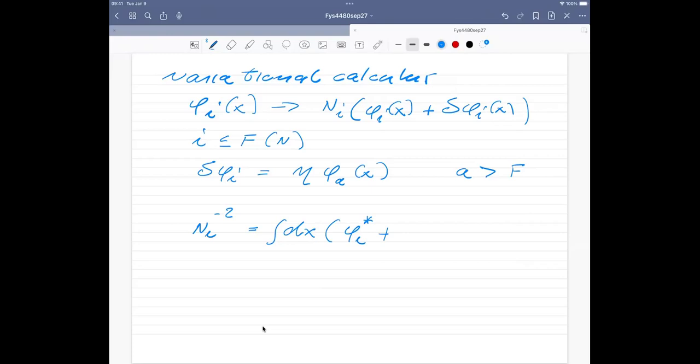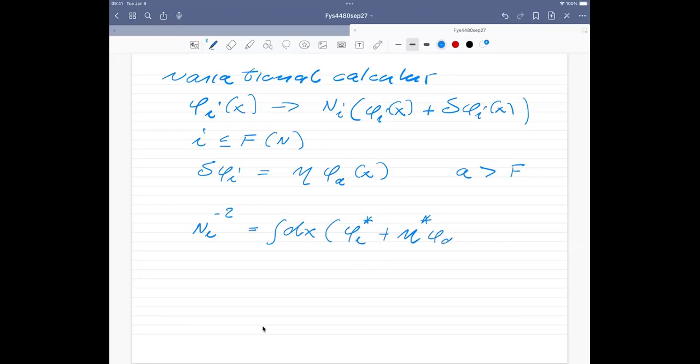And then we have, so this parameter eta can be a complex parameter. It doesn't need to be a real number, because the wave function itself is also an object which can be complex. So there are some cases where we have real wave functions, but in general, the wave function is a complex quantity. So it has a real part and an imaginary part.